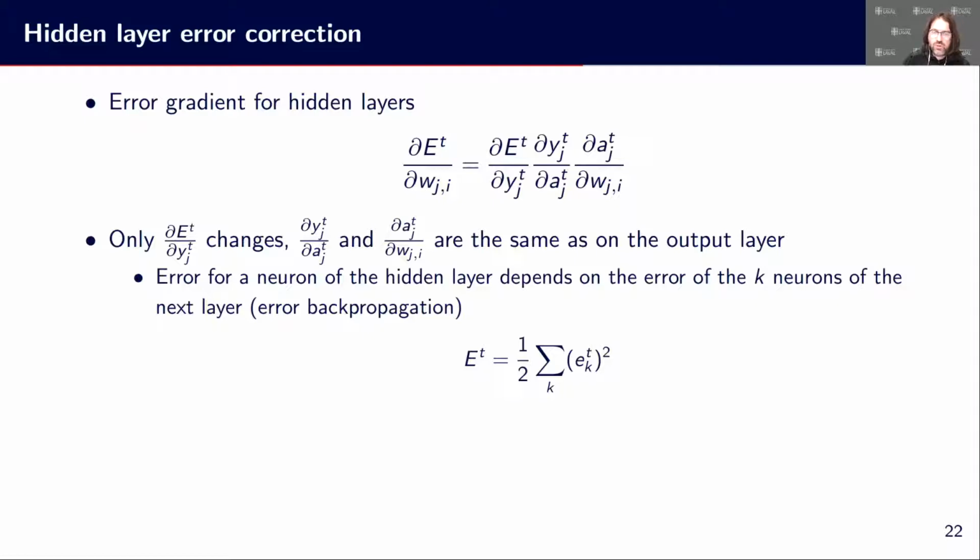We need to look at the error coming from the next layer and how it is used to correct the weights of the current neurons on the current layer. So let's go back to the definition of the squared error. We have that thing, which is basically the error of the neurons on the next layer.